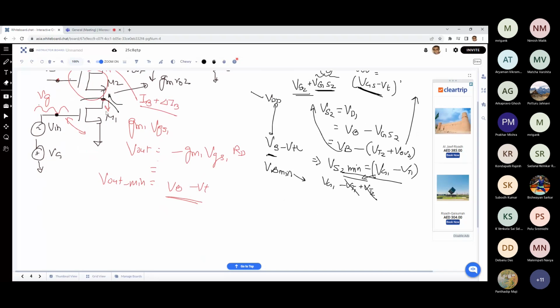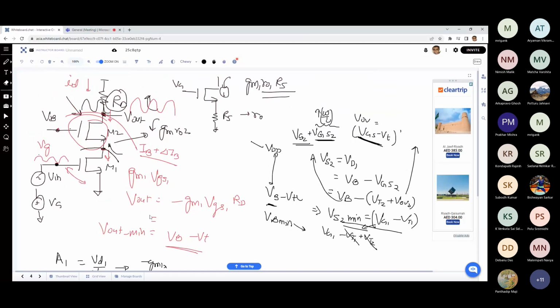Assuming that is the condition, what will be the gain from the gate of M1 to the drain of M1? A1, I am calling VD1 upon VG1. What is this? Minus GM1 by GM2. Imagine this is a common source amplifier with my output here at the drain of M1.